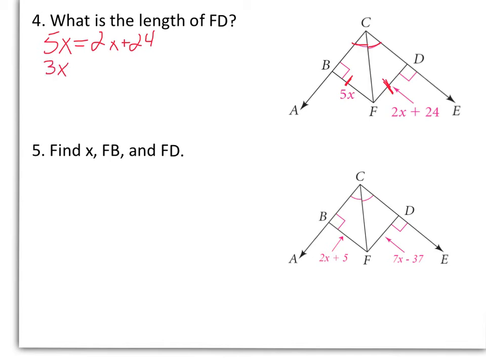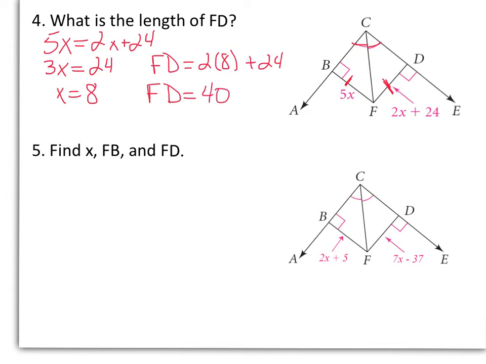If I subtract to get x's on both sides, I have 3x equals 24, or x equals 8. Then the question is, what is the length of FD? So FD will be 2 times 8 plus 24, which is 40. And then BF would also be 40.